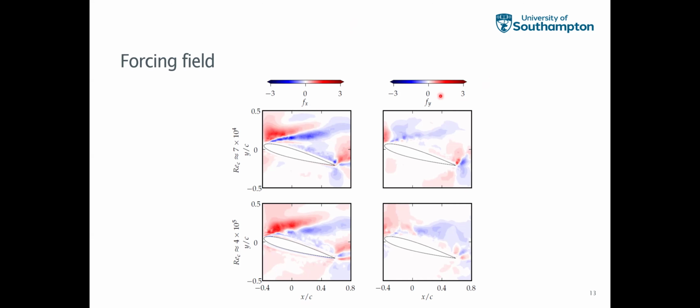Yeah, that's a very good question. In fact, I started off with the field inversion. My first attempt was with a simple canonical case of the periodic hill. That was also when I was in touch with you. And for the airfoil cases, we started with the field inversion.